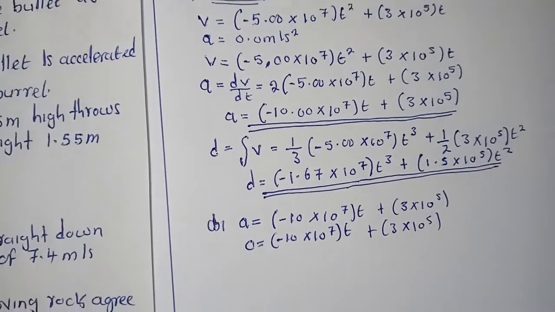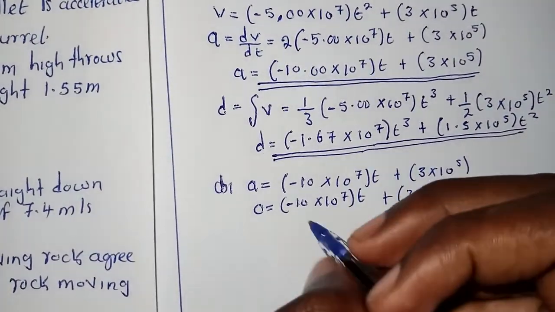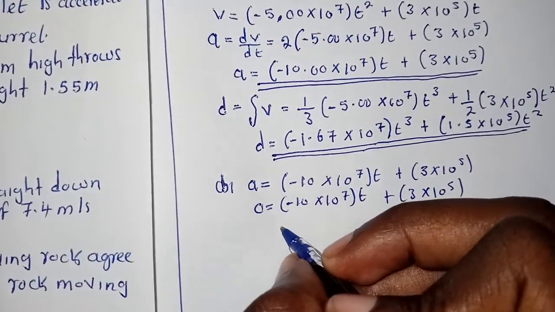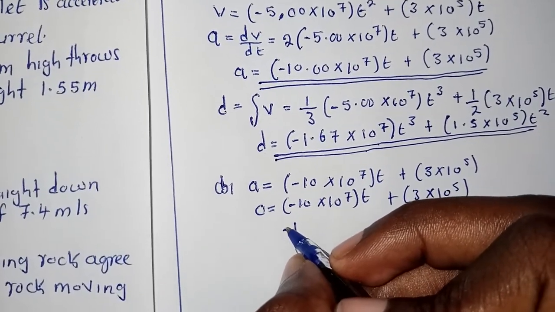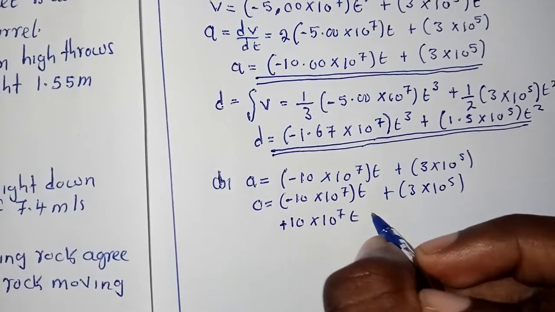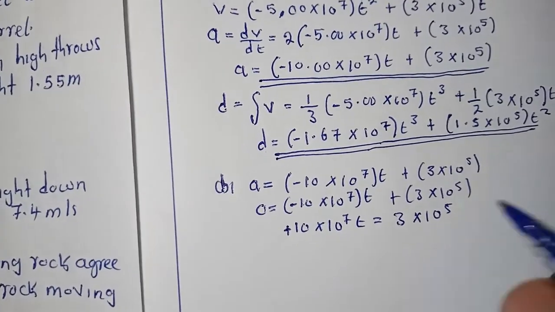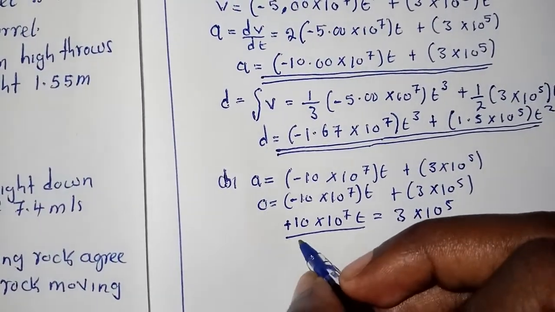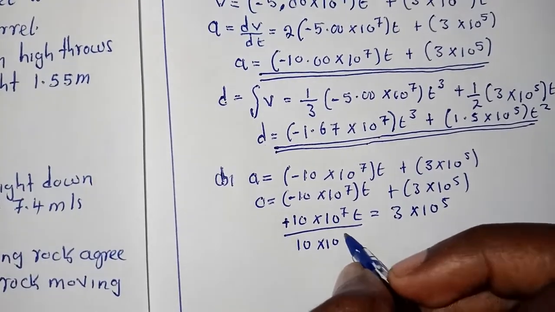Then this can go to this side, and it's going to be positive 10 multiplied by 10 to the power 7 t equal to 3 multiplied by 10 to the power 5, so t equals 3 multiplied by 10 to the power 5 over 10 multiplied by 10 to the power 7.